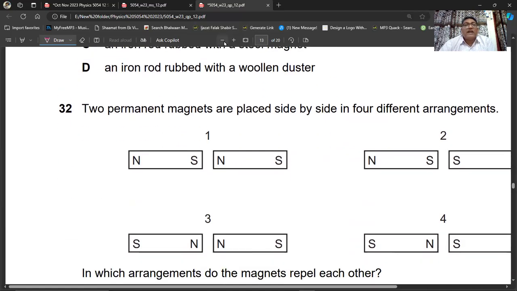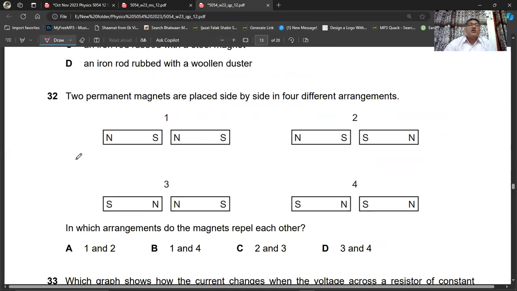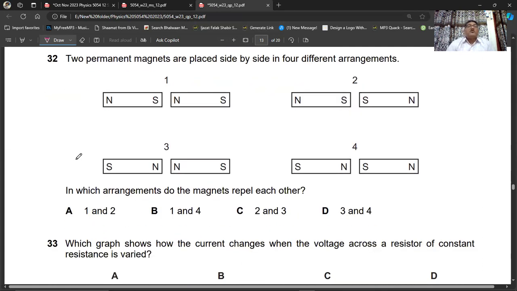Question number 32. Two permanent magnets are placed side by side in four different arrangements. In which arrangement do the magnets repel each other? Magnets will repel each other when the same poles are facing each other.